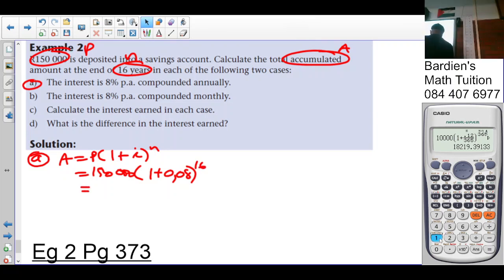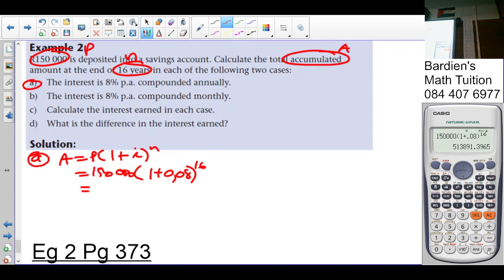So it's going to be 150,000 into 1 plus 0,08 to the exponent 16. That's going to give you 513,891 rand and 40 cents. Can you see how much 150,000 rand brings you back after 16 years?